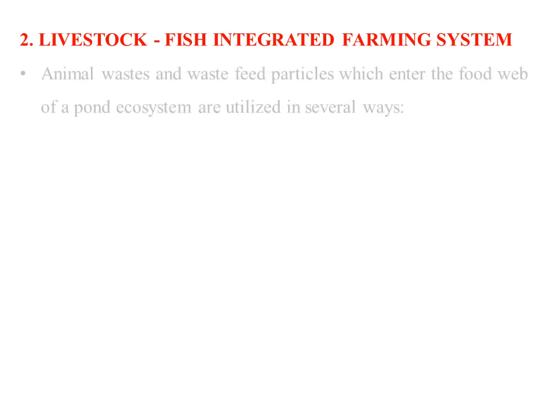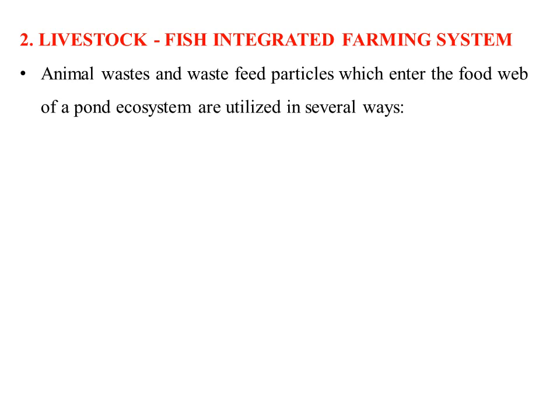The next one is the livestock and fish integrated farming system. Here the animal waste and the waste feed particles which enter the food webs of the pond ecosystems are utilized in several ways.